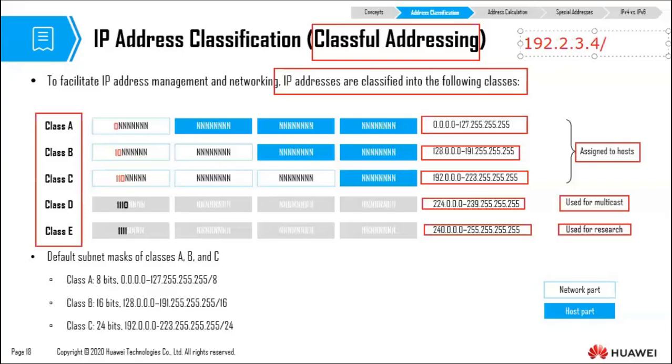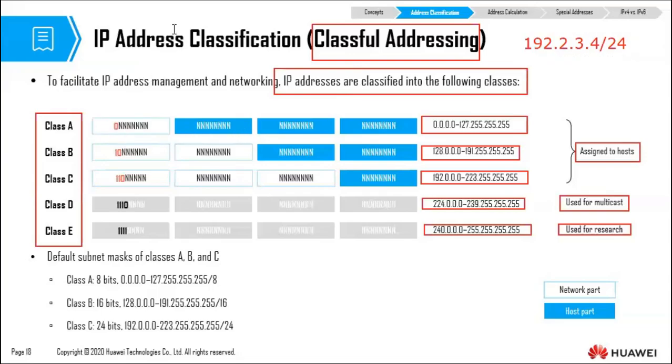Then you're asked, to which class does this address belong? One way to know very fast where it belongs is simply to change the first number to binary. So you change 192 to binary. Once you do that, this is how you determine the class.